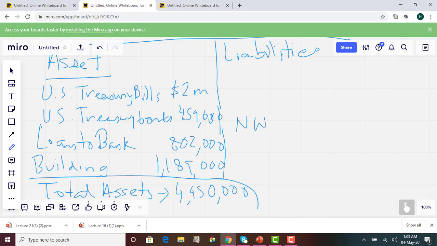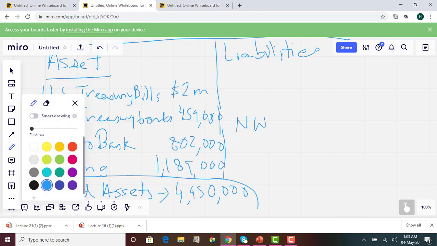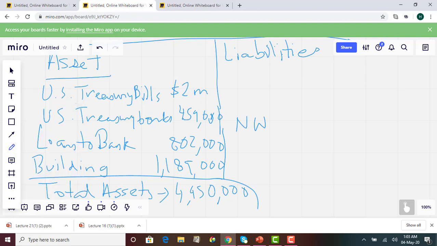Now let's look at the liability side. What is included in the liabilities? So first, reserves or deposits of banks. If banks are keeping deposits, that's a liability for the Fed, and let's say they have 1.231 million dollars in deposits from banks.